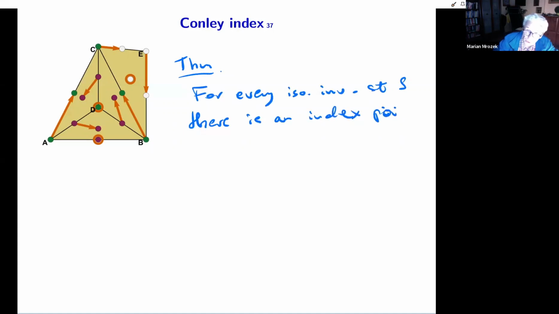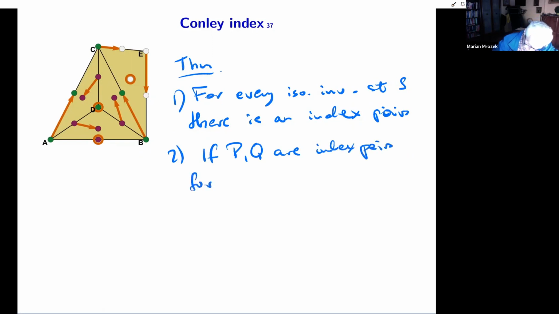This is one, and two, if P and Q are index pairs for S, two different index pairs, then the relative homology of one pair is isomorphic to the relative homology of the other pair. So this gives now the definition.